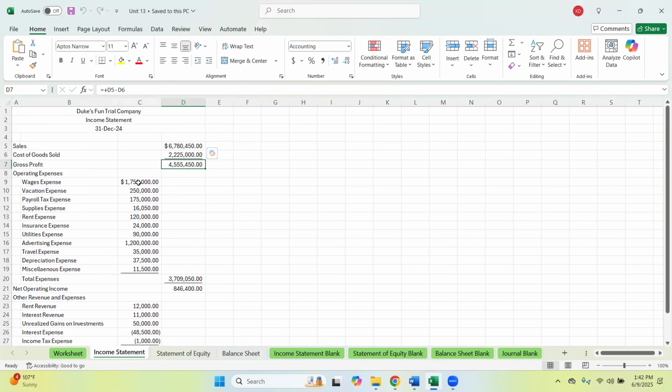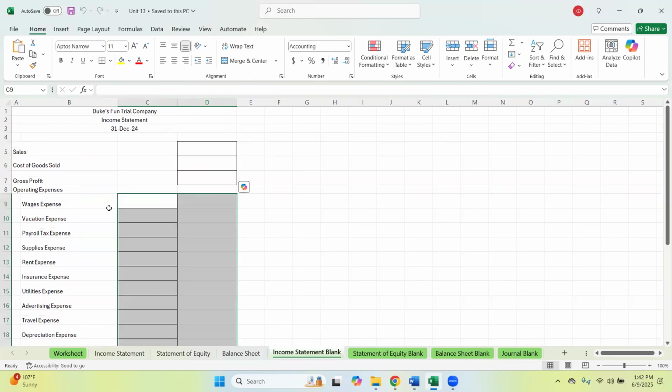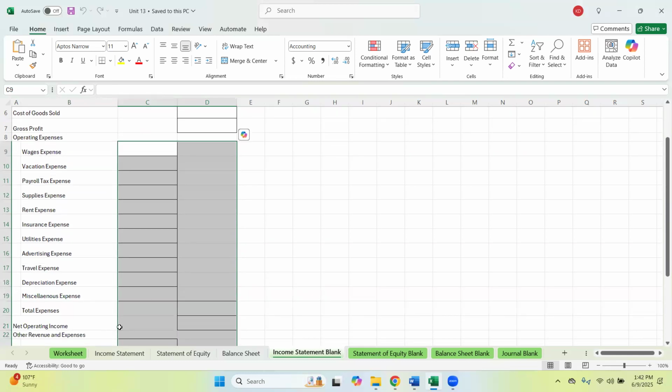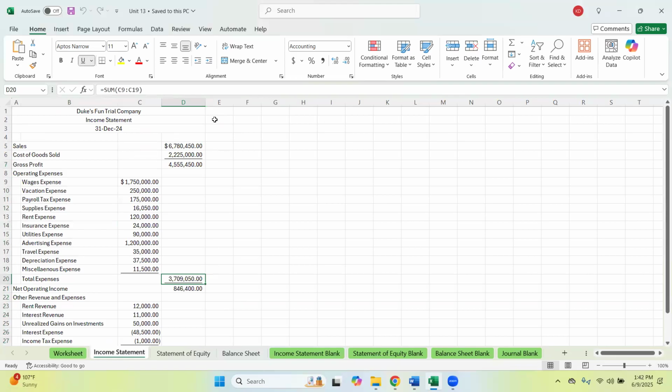Then I come in here and list my wages, and I have these all listed for you. They're all blank. There's my wages, vacation, all the way down, and you just input all that and sum them, and they should equal this amount. That's our total expenses. This is our net operating income: our gross profit minus our total expenses equals our operating income.